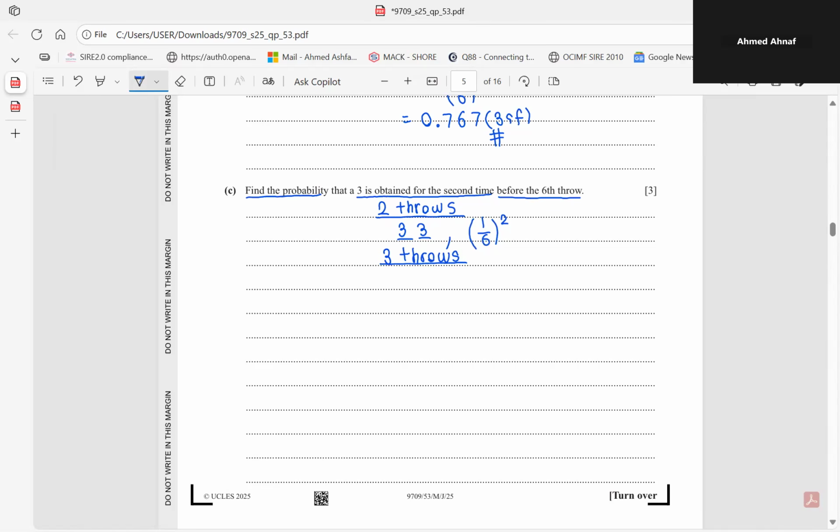So you can have a non-3 in the first attempt, then 3 here and 3 in the final attempt. So your second 3 should be on the last attempt.